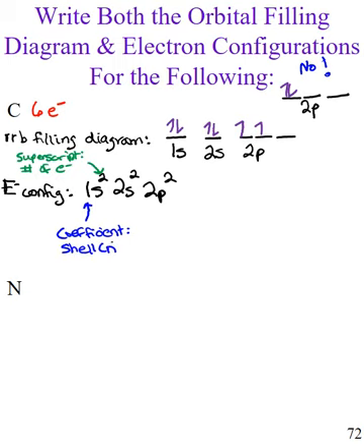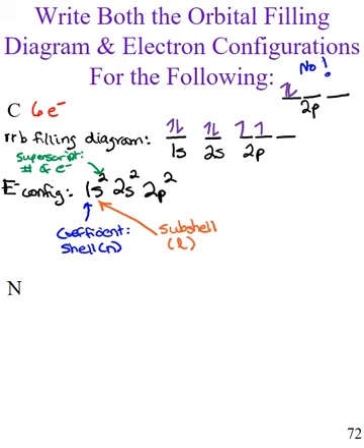This is your n quantum number. And then, for example, the s here, this is your subshell. Your subshell is what your quantum number L is representing.